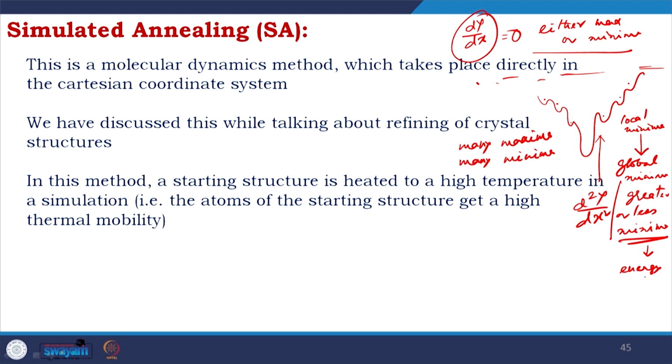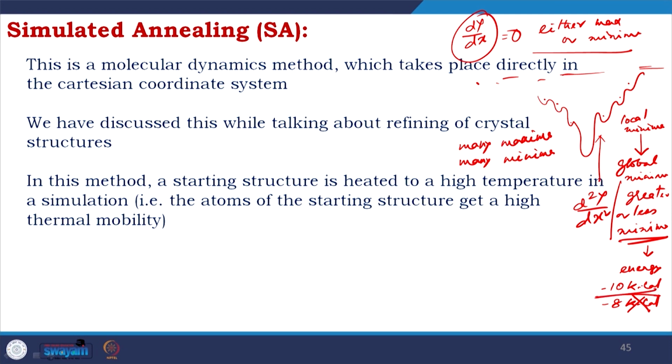Now, when you calculate the energy, suppose you get an arbitrary number, I am taking 10 kilocalorie. You do it next time, you get minus 8 kilocalorie. So, you know that this is a local minima because you have a better minima there.